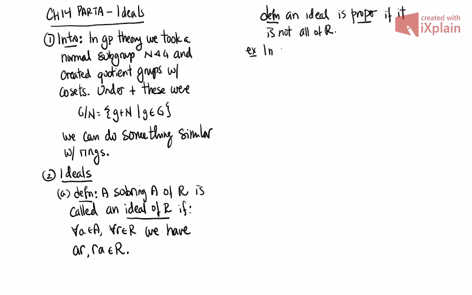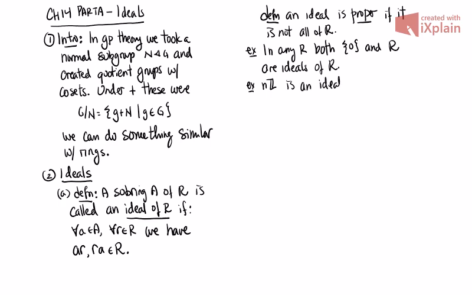So in any ring, both the subring consisting of 0 and the whole thing are ideals of R. So those are pretty easy to see. The second one is a little bit more work to see, but if you give it a think, it's really easy. So nZ for n an integer is an ideal of Z. This is because if you take something in nZ and you multiply it by any integer, you get something in nZ.